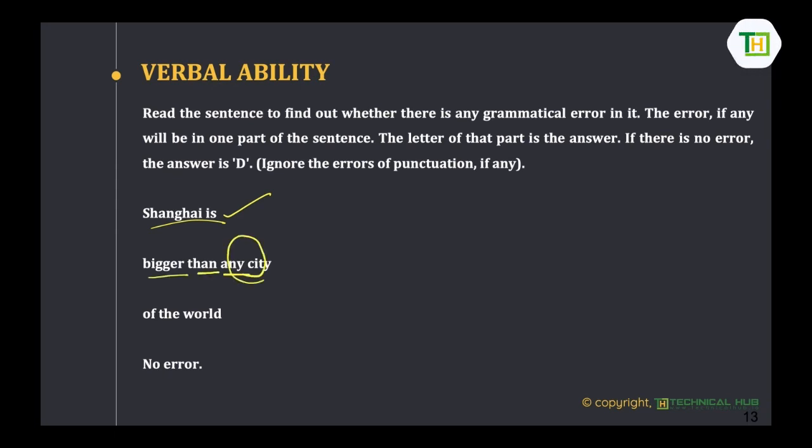Oh, here is a mistake. It should be "than any other city in the world." She is better than any other girl in the college. Like that, Shanghai is bigger than any other city of the world. That's the correct way.